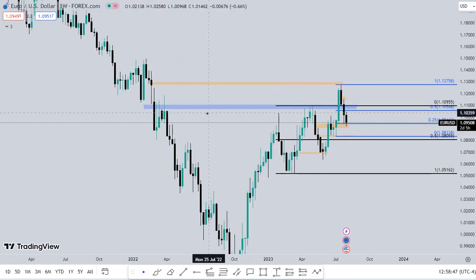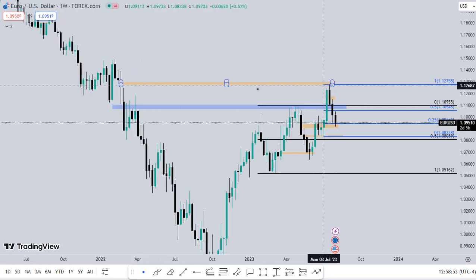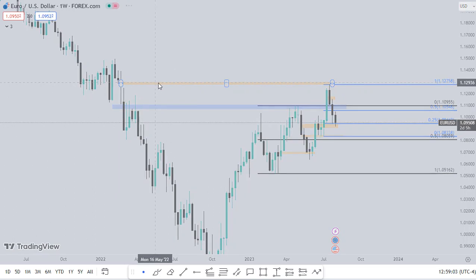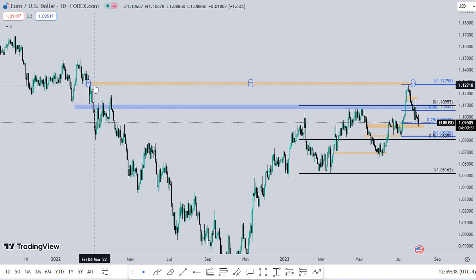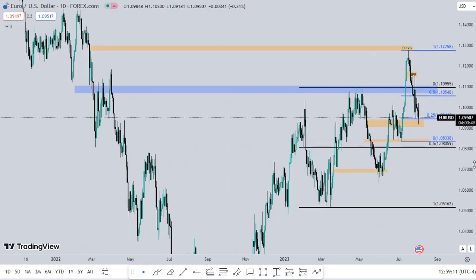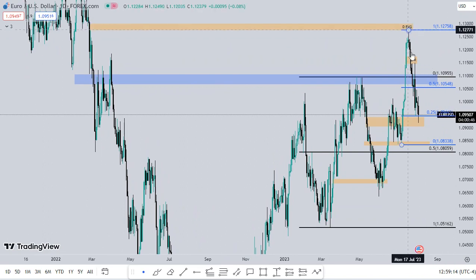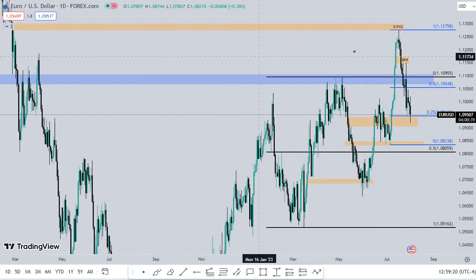In the weekly time frame, you can see we had this weekly volume imbalance, and price went into it and filled this weekly volume imbalance, and this orange zone is also a fair value gap on the daily time frame. Price went and tagged right into that level and got rejected. So this fair value gap acted as a level of resistance for the price and caused rejection to the downside.